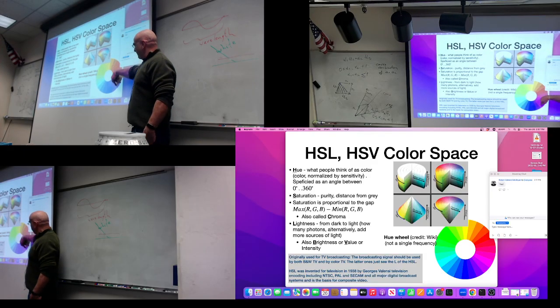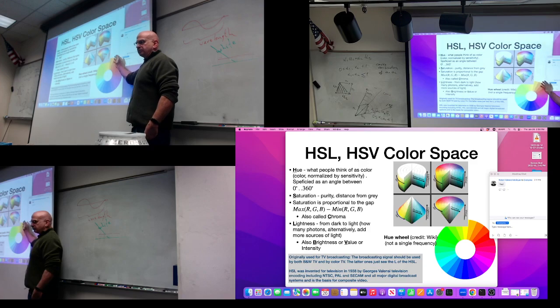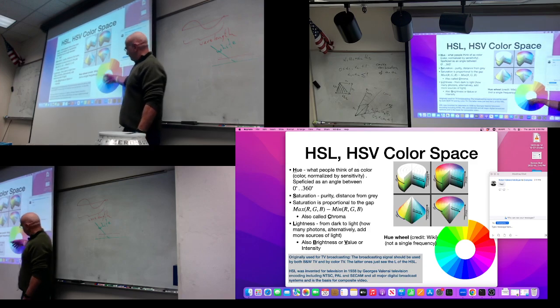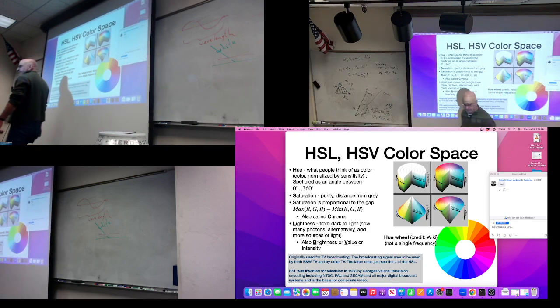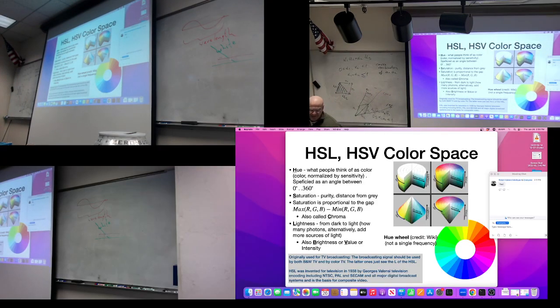Okay, and it's very useful nowadays. Even if you all don't have analog TV anymore, it's still very useful when we think about color corrections or changing the colors.